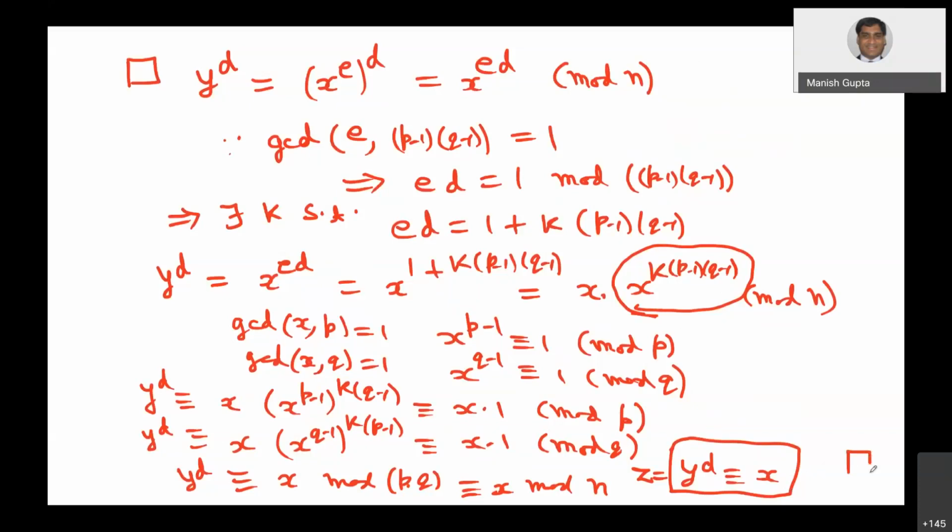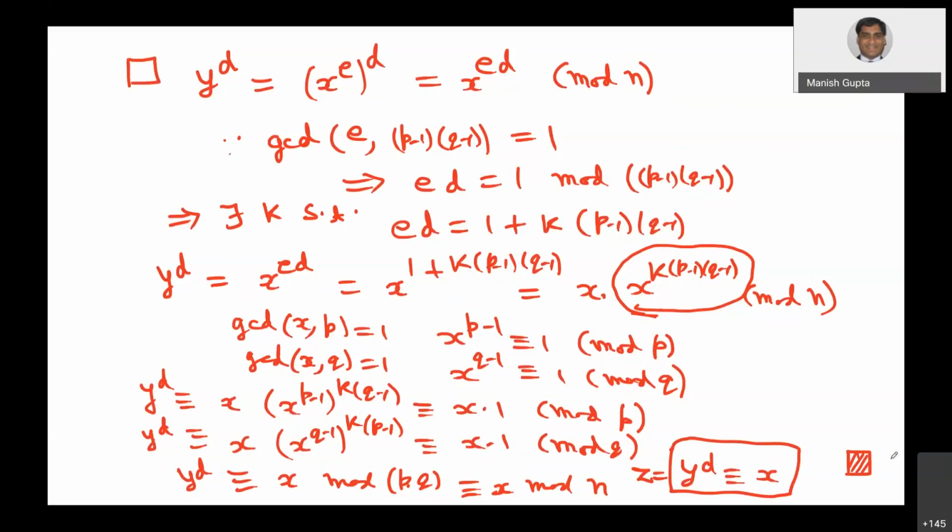This is the beautiful algorithm, right? So we have used Fermat's Theorem and this GCD business to show that this algorithm works. So this is all about RSA crypto system.